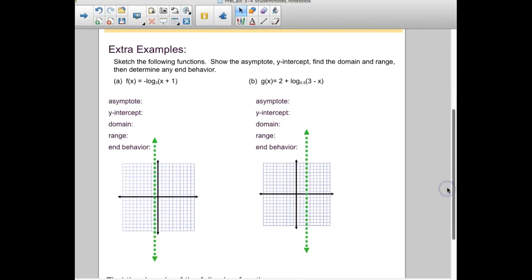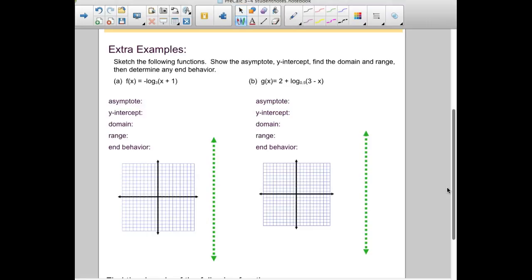Okay. So at your tables, discuss what kind of transformations are happening in this first one. All right, I heard reflect over x, agree?